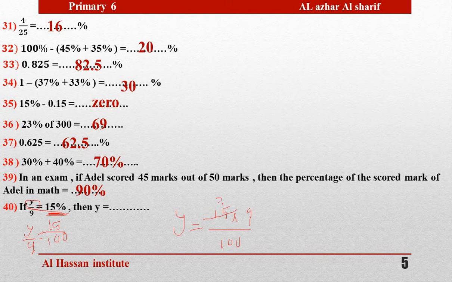Divided 5 equals 3, divided 5 equals 20. So 3 times 9 equals 27 over 20. By the calculator, 27 over 20 equals 1.35.